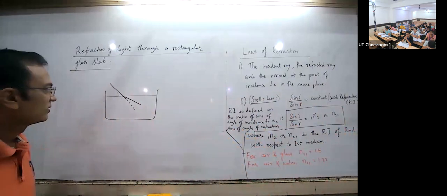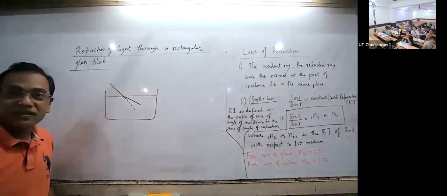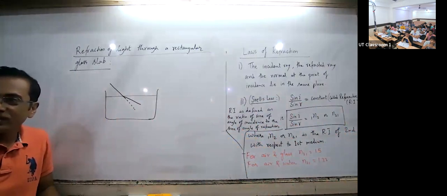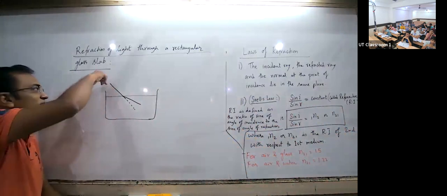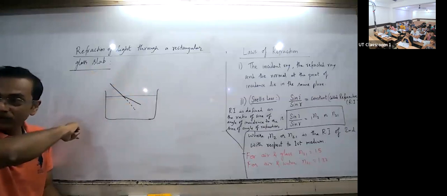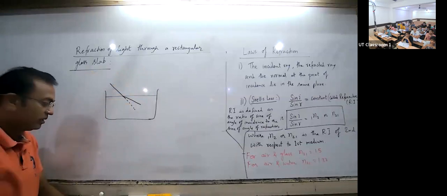Therefore, what happens? Now, what case is this? Is it the case of light traveling from rarer to denser or denser to rarer? Denser to rarer, right? So this stick is there in its position, but how it appears to you is like this.